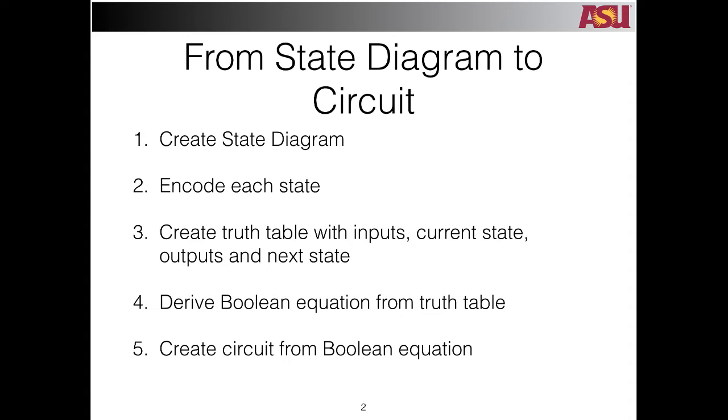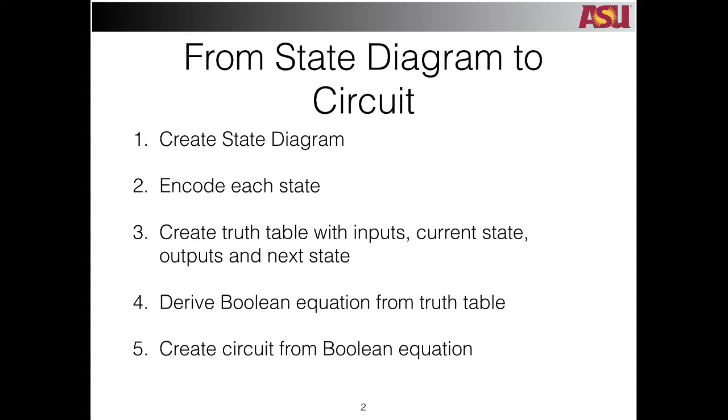The third step is creating the truth table with the inputs of the system. So anything that is needed for an event that triggers a transition and changes the state is an input. Anything that does not trigger, so basically that does not lead to a change in the state, is not an input of the finite state machine.